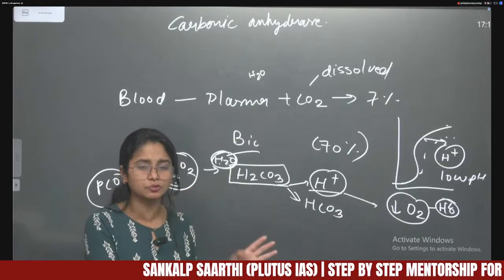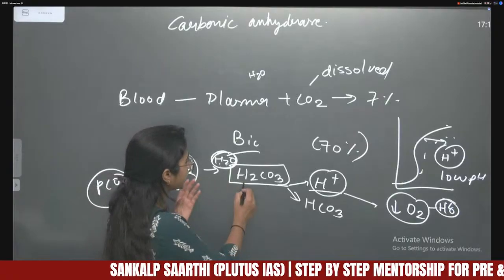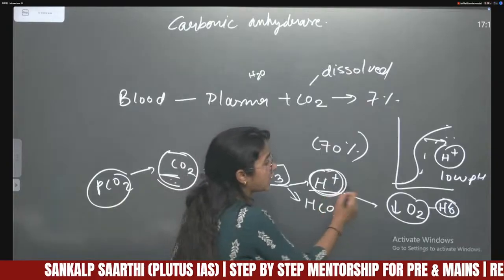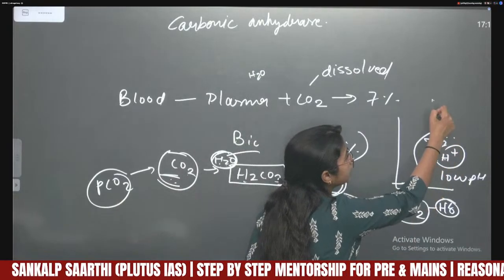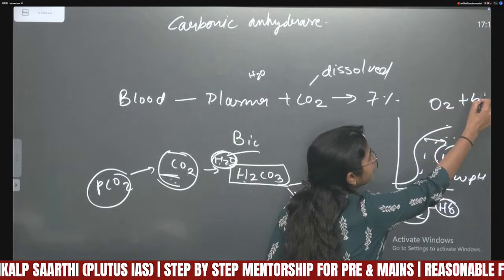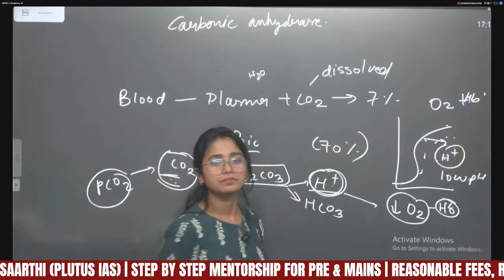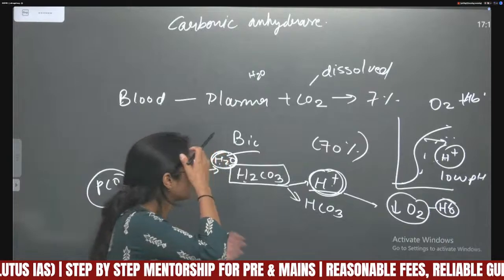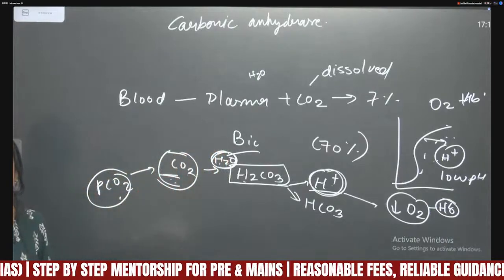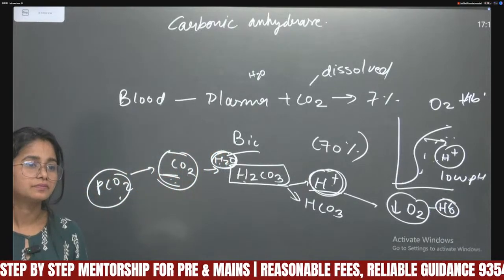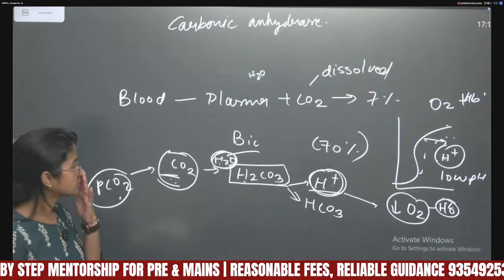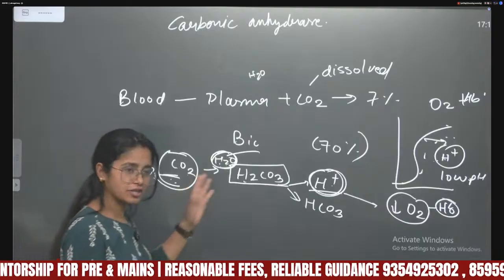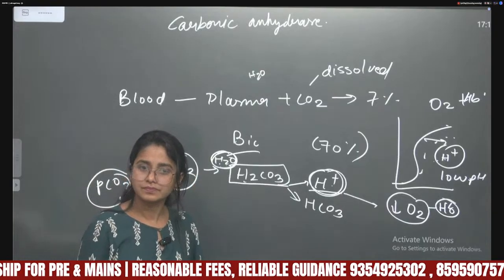Just simple. After the breakdown, it produces H plus, and this factor was inhibiting the binding of oxygen with the hemoglobin. This is one of them because of the CO2. Did you get the concept? Okay?